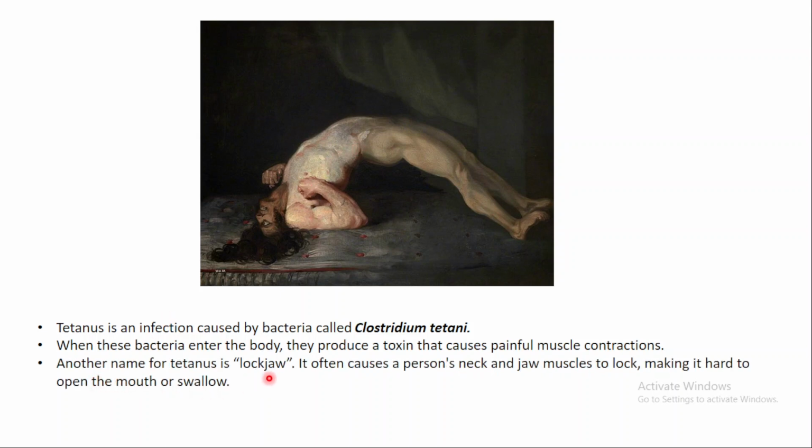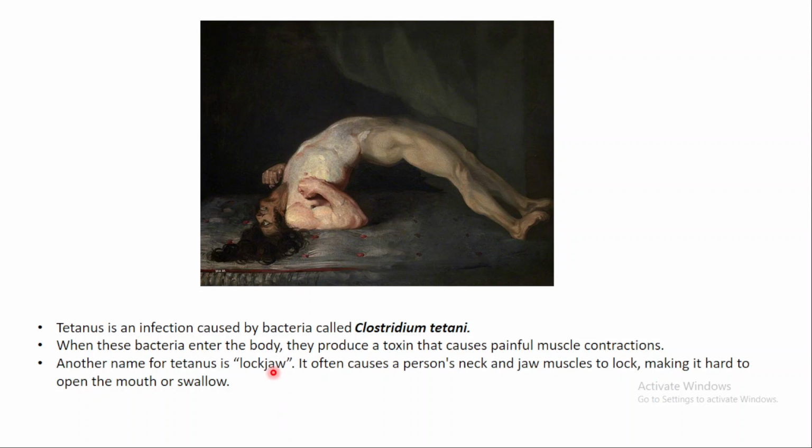Another name for tetanus is lockjaw. This disease is commonly known as lockjaw. It often causes a person's neck and jaw muscles to lock, making it hard to open the mouth or swallow. Here is a severe form of tetanus in which the whole body is locked, or the muscles have contracted and frozen at that moment.